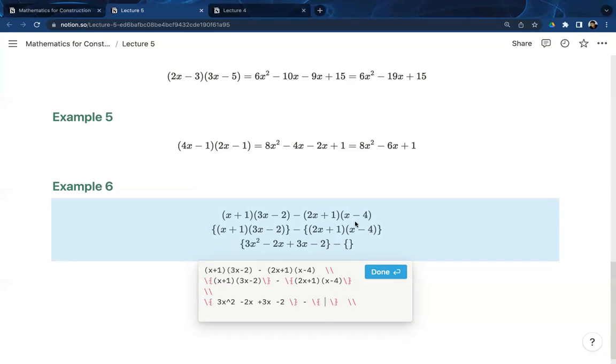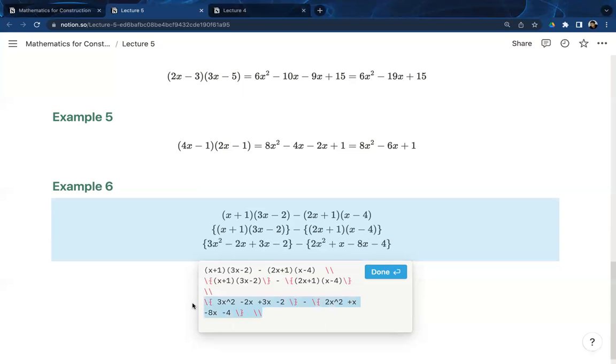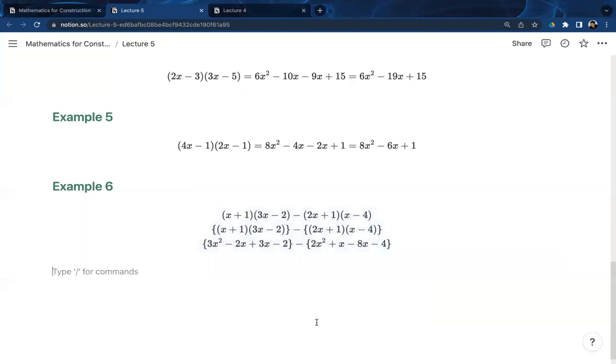Now the next bracket, 2x by x, 2x squared, 1 by x plus x, 2x by minus 4, minus 8x, and 1 by negative 4 is negative 4. So this is what I have so far.